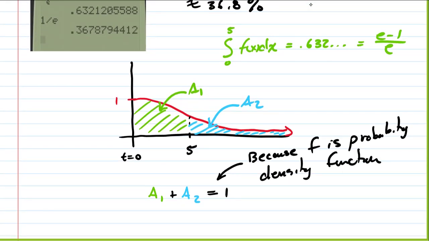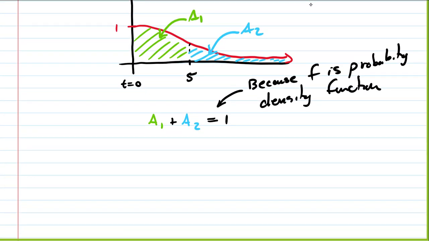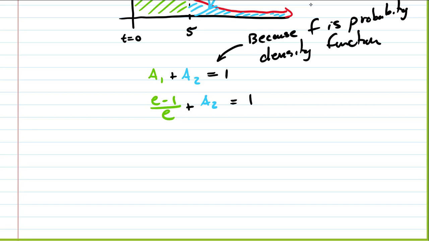So when we found that A1 was equal to e minus 1 over e, and then we needed to find A2, which was the other set, equals 1, we could have just subtracted e minus 1 over e.